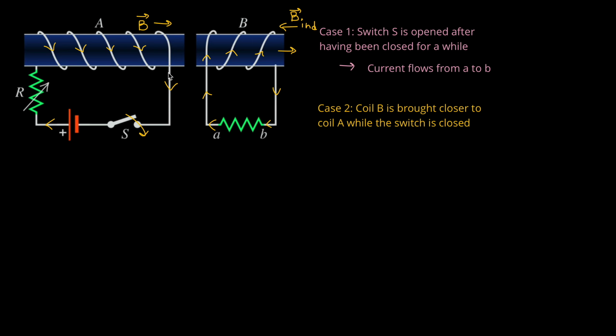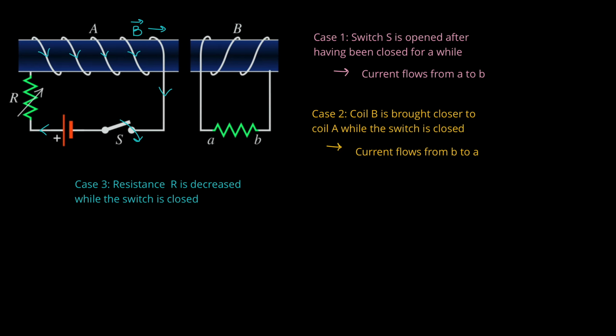So at resistor AB, the induced current will be flowing from right to left, in other words, from point B to point A. Case 3, the resistance of resistor R is decreased while the switch is closed.